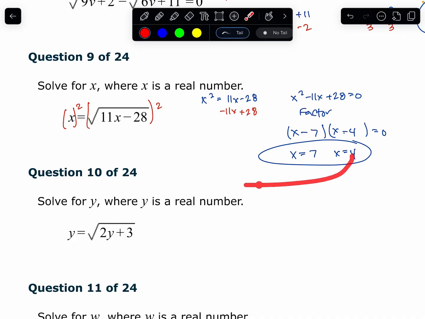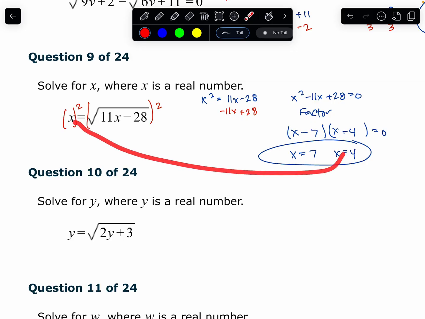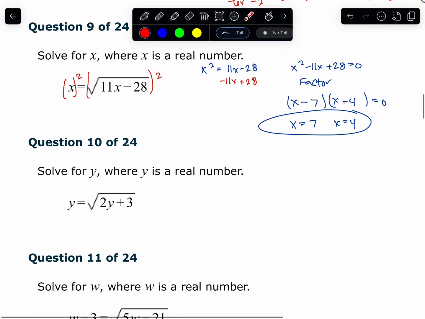Then if I plug in 4, I'll get 44 minus 28, which will be 16, and I'll plug in 4 right here. So yeah, both of these will work actually. So there you go.